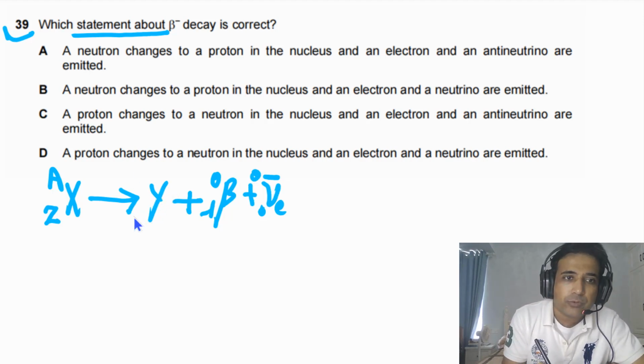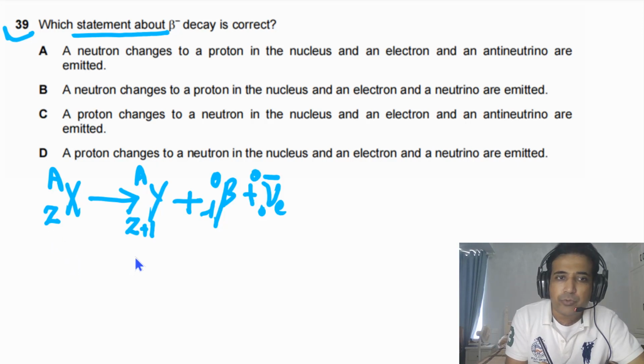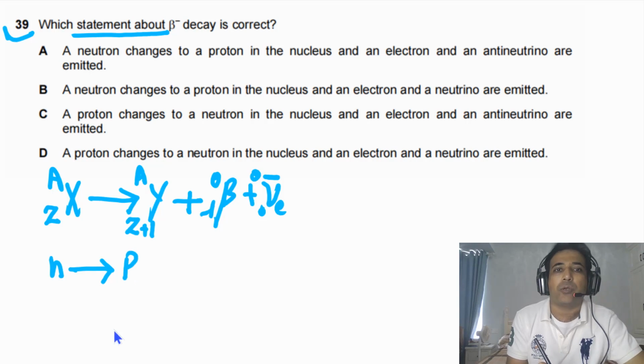Now if you look at this nucleus, the atomic number of this one will be Z plus 1, because this is -1, and the mass number remains constant. So in this case the proton number increases but the mass number remains constant. It simply means that one neutron is converted into a proton.